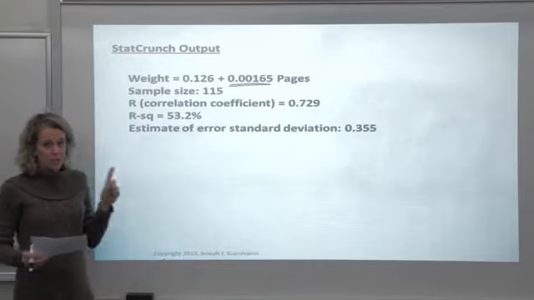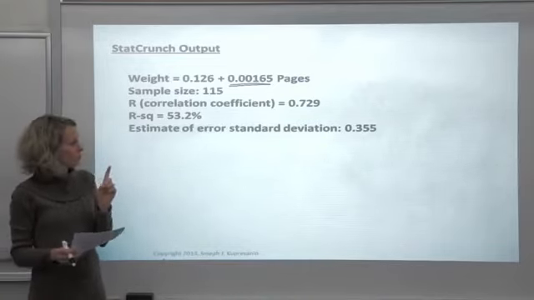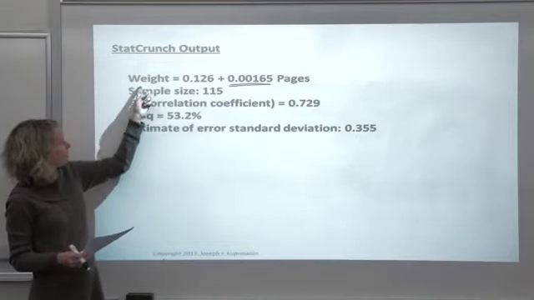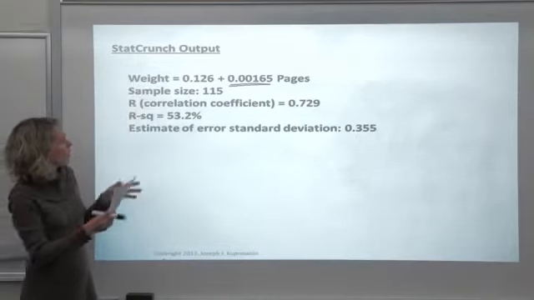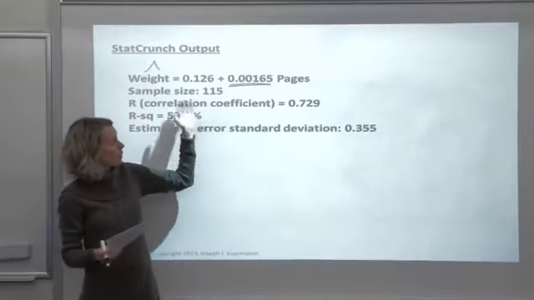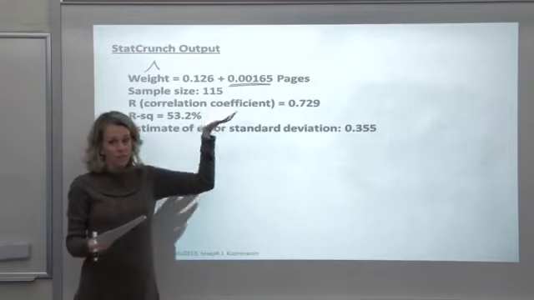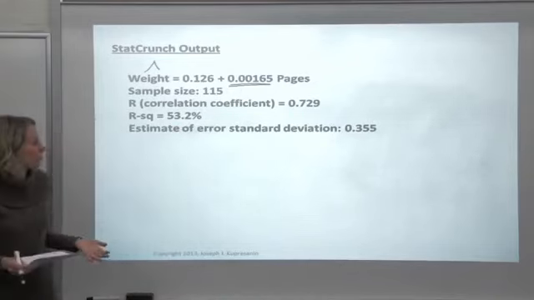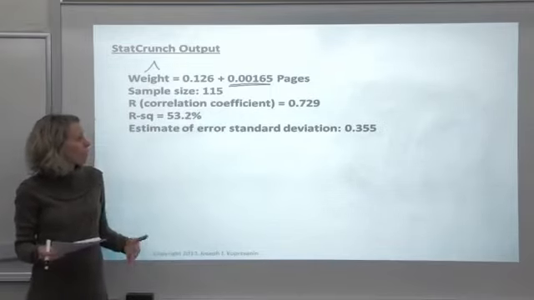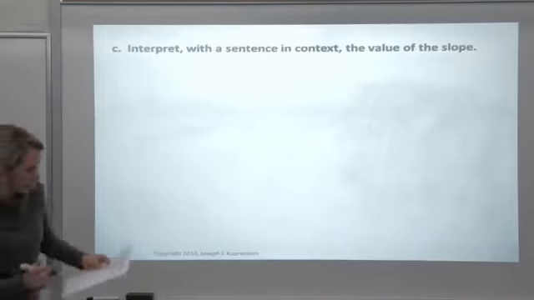As the book increases in pages, and so this, for the slope, for each additional page, one page that the book has, the model predicts that the weight of that book will go up, weight was in kilograms, by 0.00165 kilograms. So for each additional page in the book, the model predicts the weight of the textbook will go up by 0.00165 kilograms.